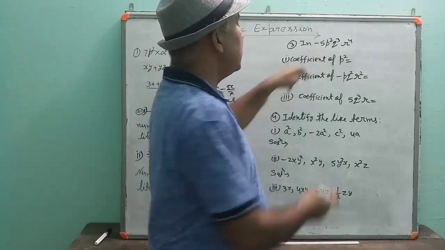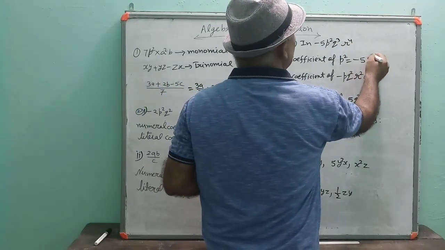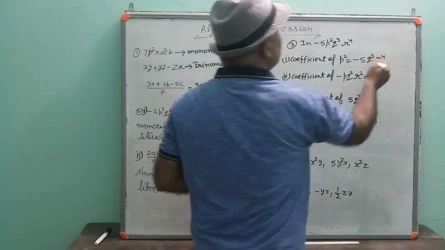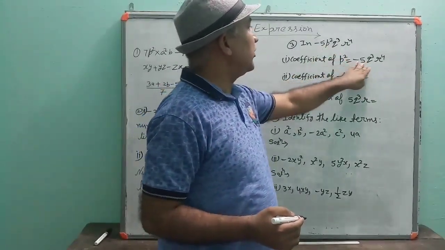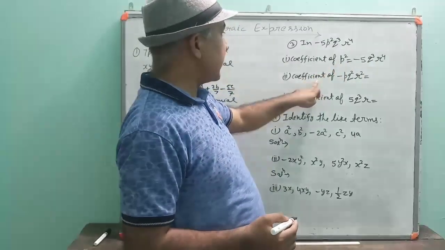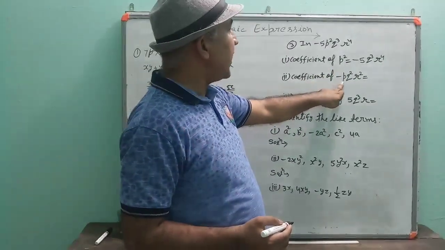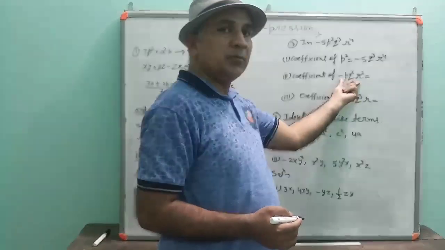See in this expression, with p square, minus 5, q cube and r to the power 4. These are multiplied with p square. So these will be the coefficient of p square. Okay. See the second part. Coefficient of minus pq square r square. We have to find the coefficient of this.